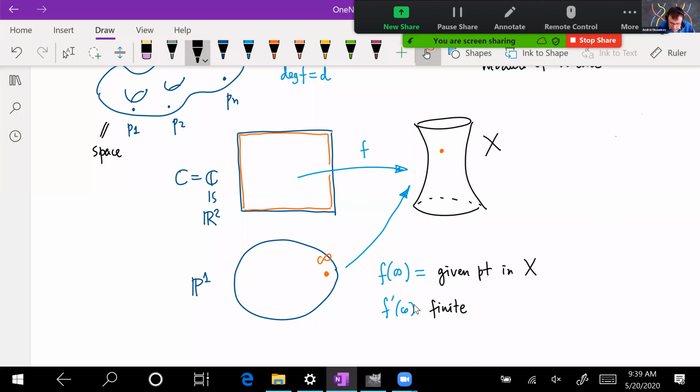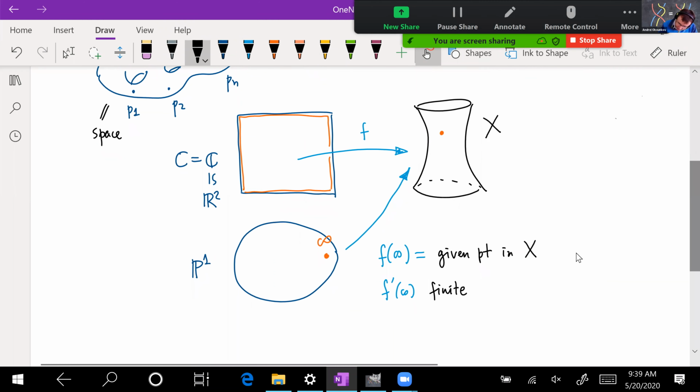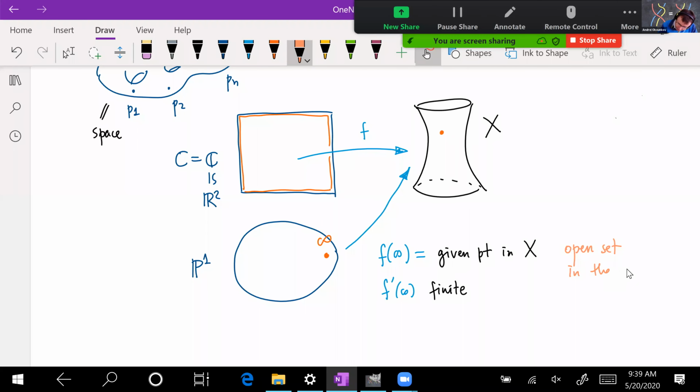This is an object of the same kind. So instead of looking like some infinite dimensional space, this in fact looks like an open set in this space of maps.